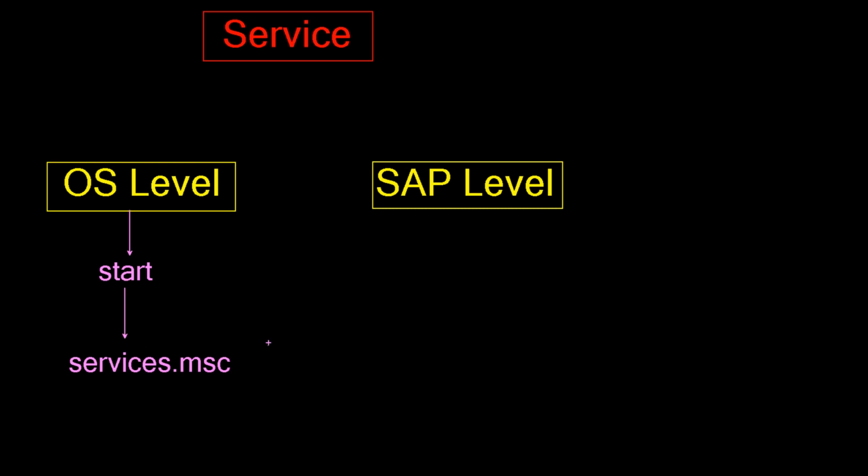So all services. What are the services running at OS level? Those services we are able to see in this location. In the same way, if you want to check what services are running in the SAP application, just go to MMC, the Microsoft Management Console, and expand the current running server.